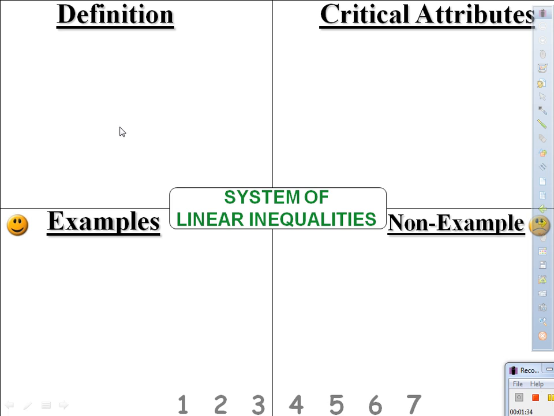Well, guess what? Here's the Frayer model. I want you to fill in, in your own words, what you think the definition is for system of linear inequalities. Fill that in.